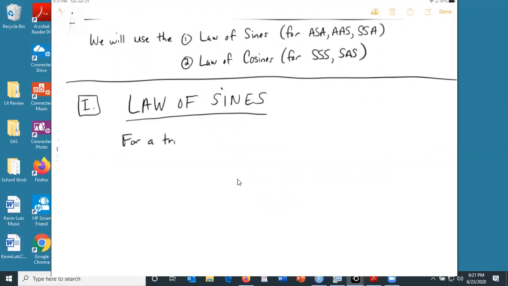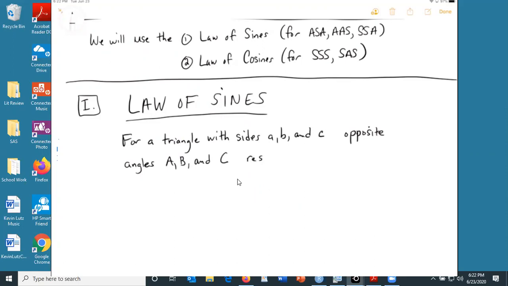For a triangle with sides little a, b, and c, opposite angles big A, B, and C, respectively.